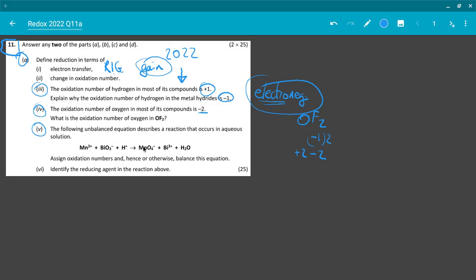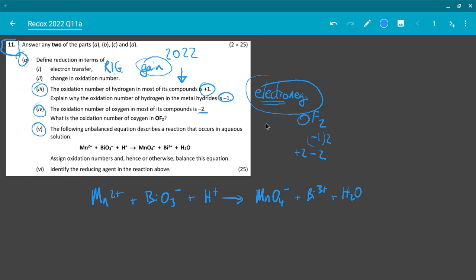Part 4. Okay, so we've got to balance this equation. Let's write it out. Just give myself a bit more space there. Last one, water.